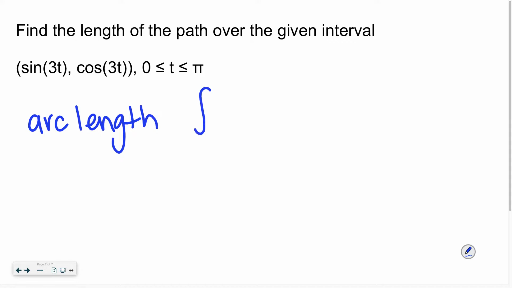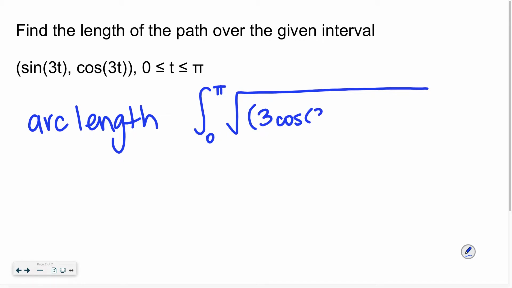Arc length from 0 to pi of the square root, sorry, Richard. Caleb, what's dx dt? Is it 3 cosine 3t?